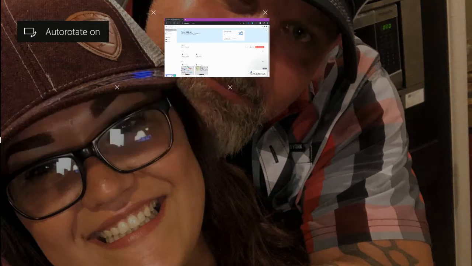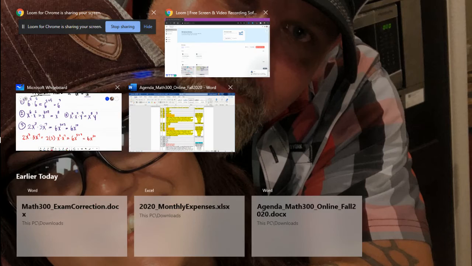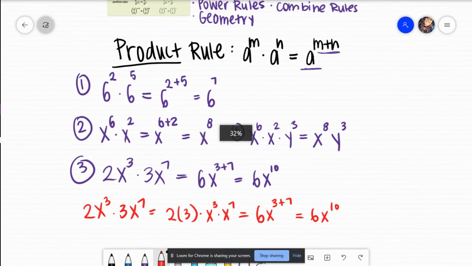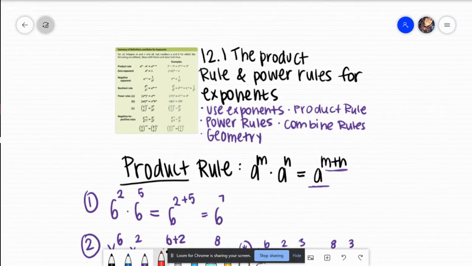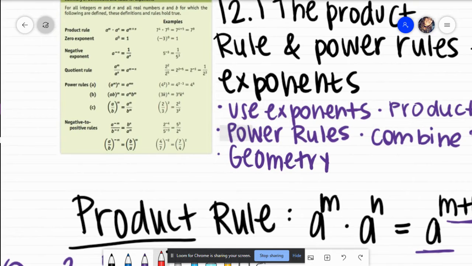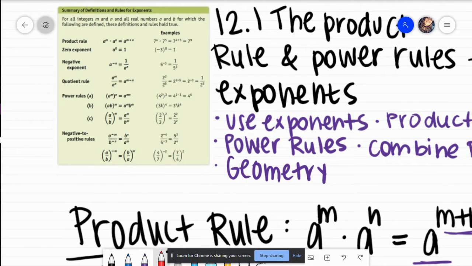So, continuing with what we're working on, the last video I just recorded was going over the product rule. What we're going to do now is power rules, plural, because there are 3 different ones here that we're going to look at. We have a rule where you may hear me say power to a power, multiply your powers.